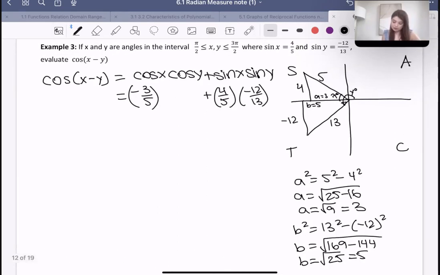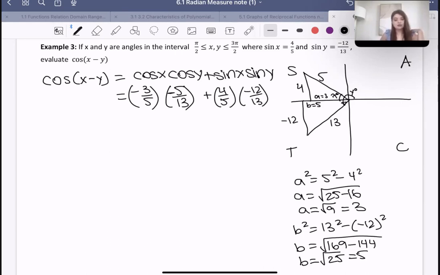So knowing that b is 5, what is cosine of y, right? What is cosine of this angle? That would be adjacent, which is b, is 5, over hypotenuse, which is 13. And this actually is negative 5 over 13, right? It is negative in this quadrant for that reason, because we have a negative there technically, right?